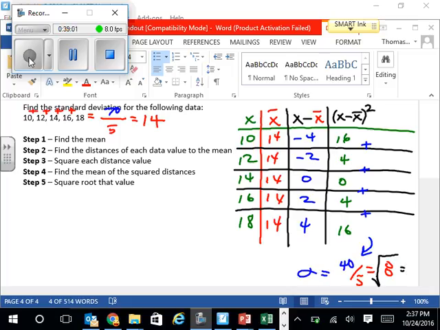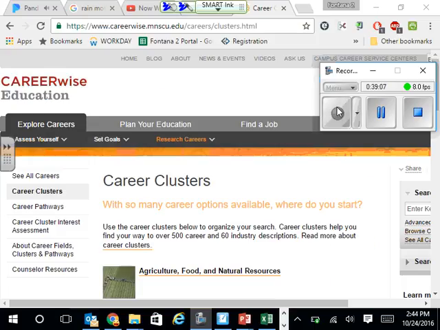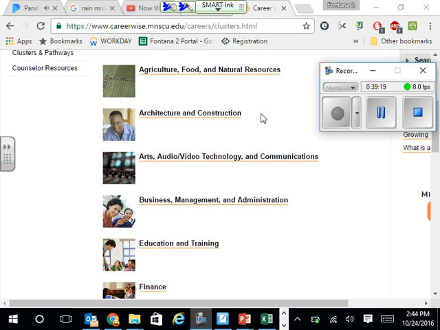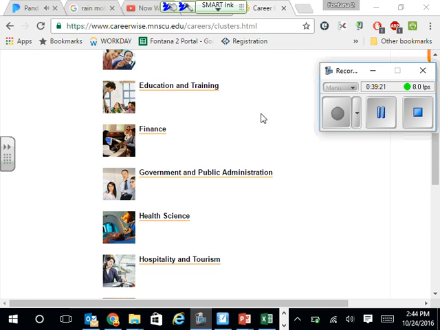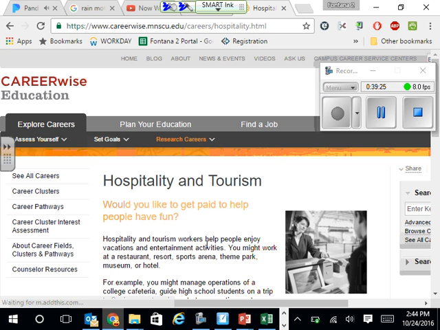Once I got there, I clicked on careers in this cluster. And then as I went down, I just looked at some of them. There are a bazillion of them in there. I actually thought of one that I could be interested in, so I didn't put down dishwasher. No, I just wasn't interested.